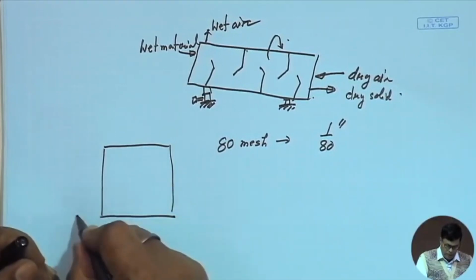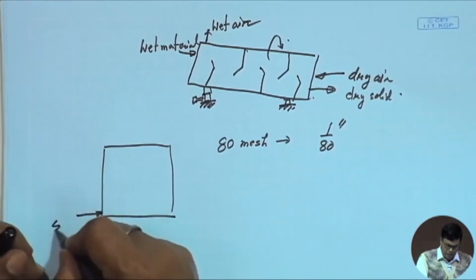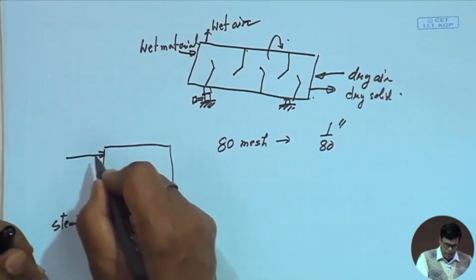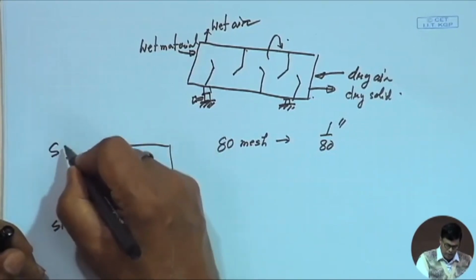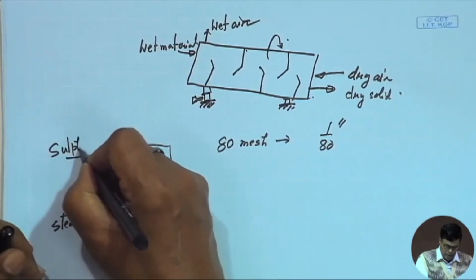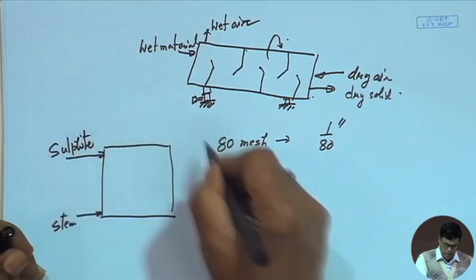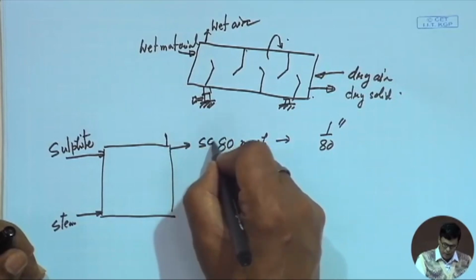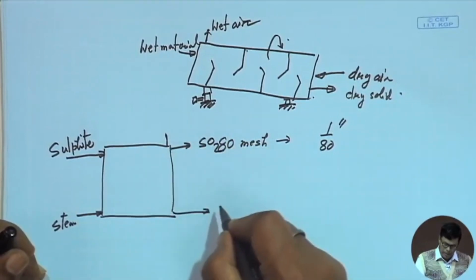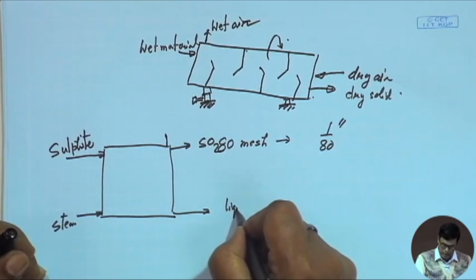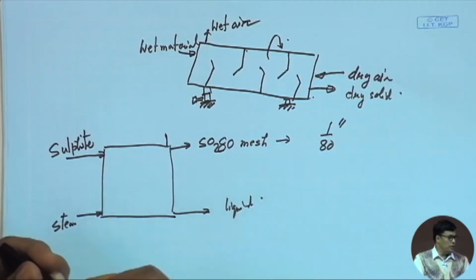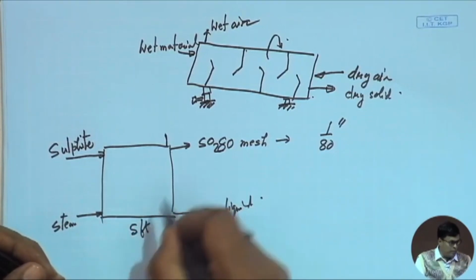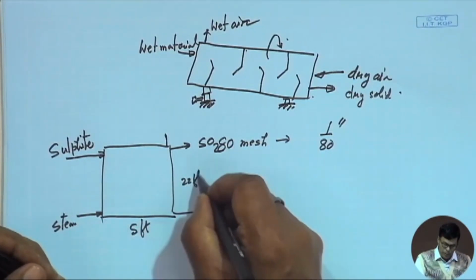We can pass steam here, and here you have the liquid, that is sulfite. Here we will get the sulfur dioxide, and here we get the liquid. The diameter is 5 feet, and how tall is 22 feet.